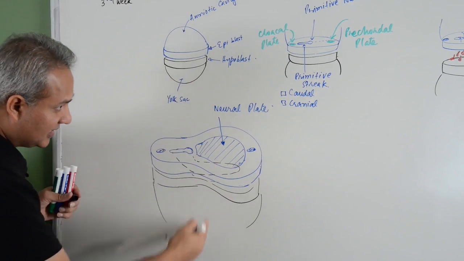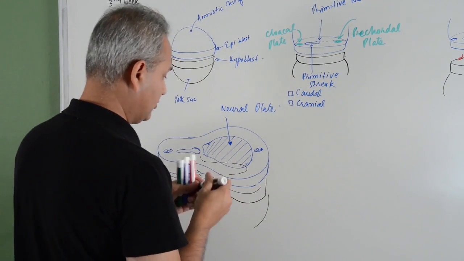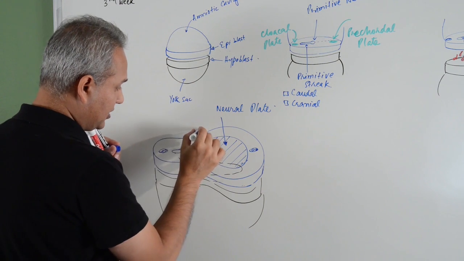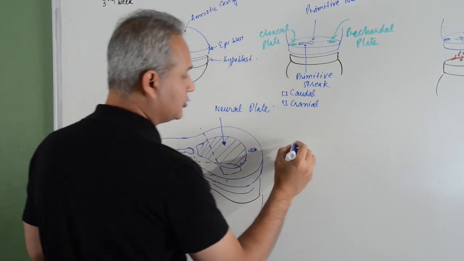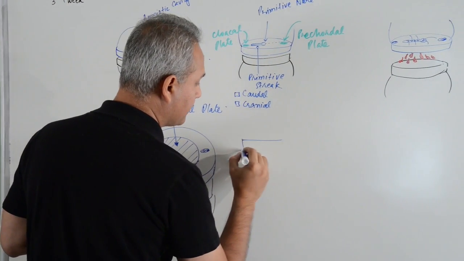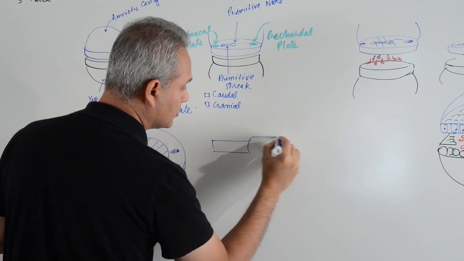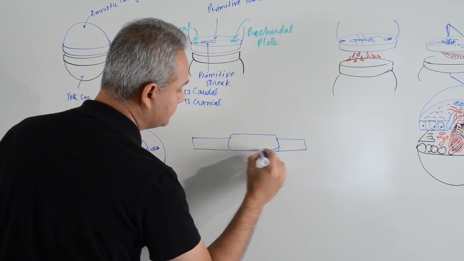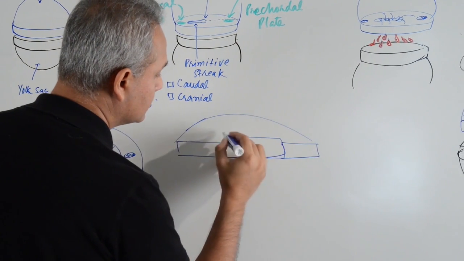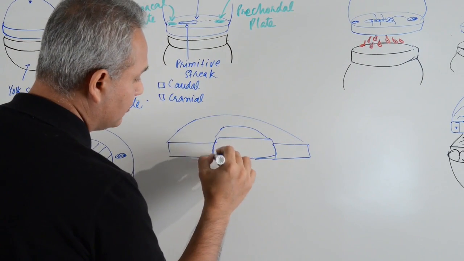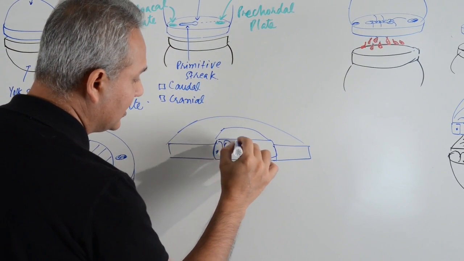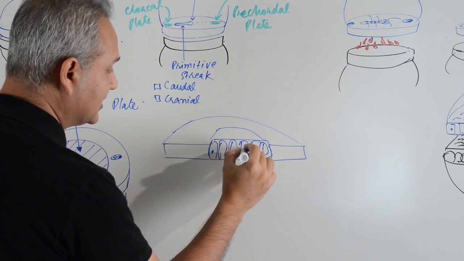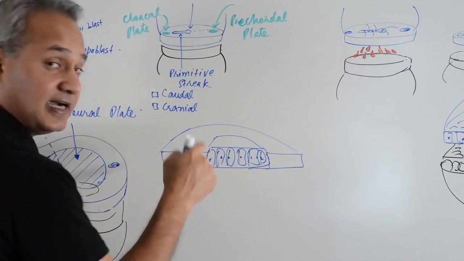Let's do a slice of this as well to see how that looks. If we cut it from here, we are going to see this thickening of the cells, or formation of this new plate inside the epiblast.